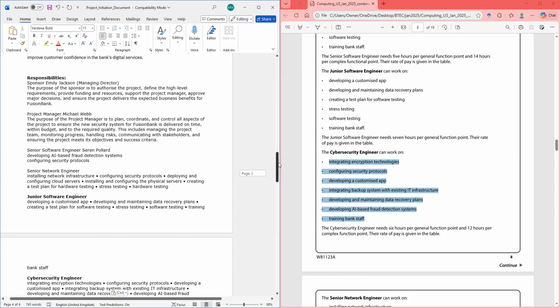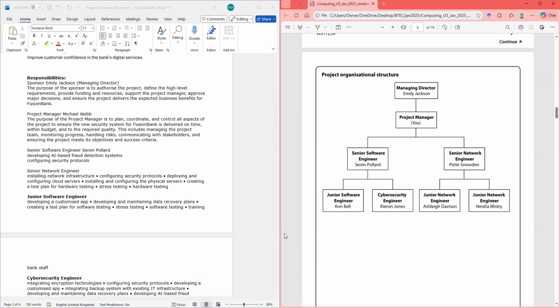That's their responsibility, but ensure you put their names on it. So we're going to look at junior software engineer. Let's just bold these. All right, so we're going to put the names on. So that would be senior network engineer would be Peter Snowden.